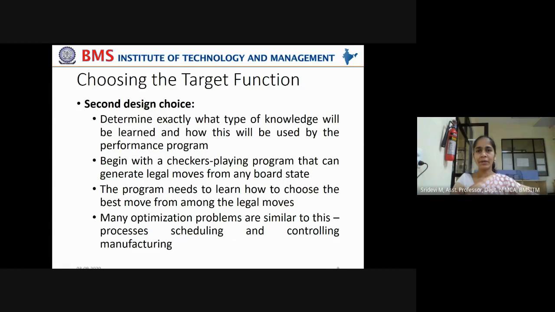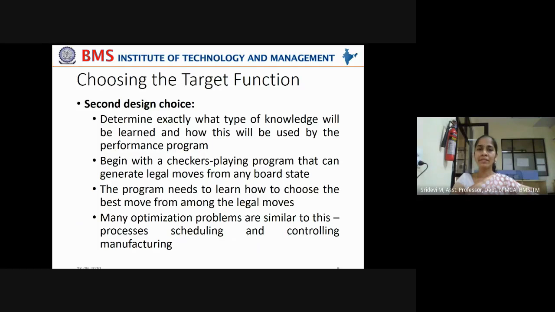Now, our next part in designing a learning problem is choosing the target function. Initially, we chose the type of experience, and in the second part, we are choosing the target function.